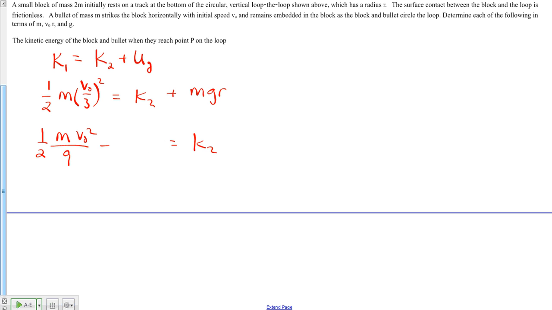Three mgr, because the mass is 3, yes. Minus 1 for me. Actually, minus the whole thing for me since I solved for velocity instead. I guess we can leave it like that. m v naught squared over 18 minus 3mgr equals kinetic energy at point 2. It may be attractive when you simplify it, but that's fine.